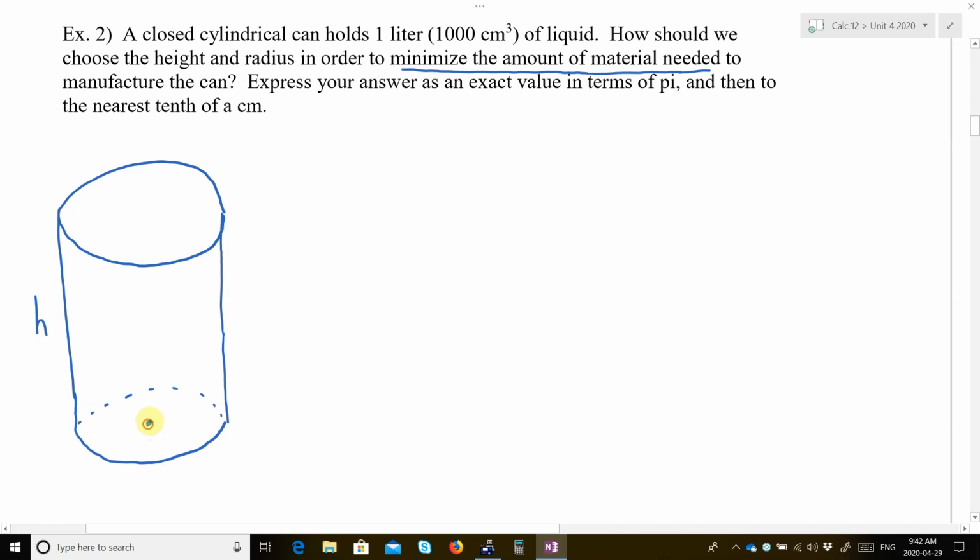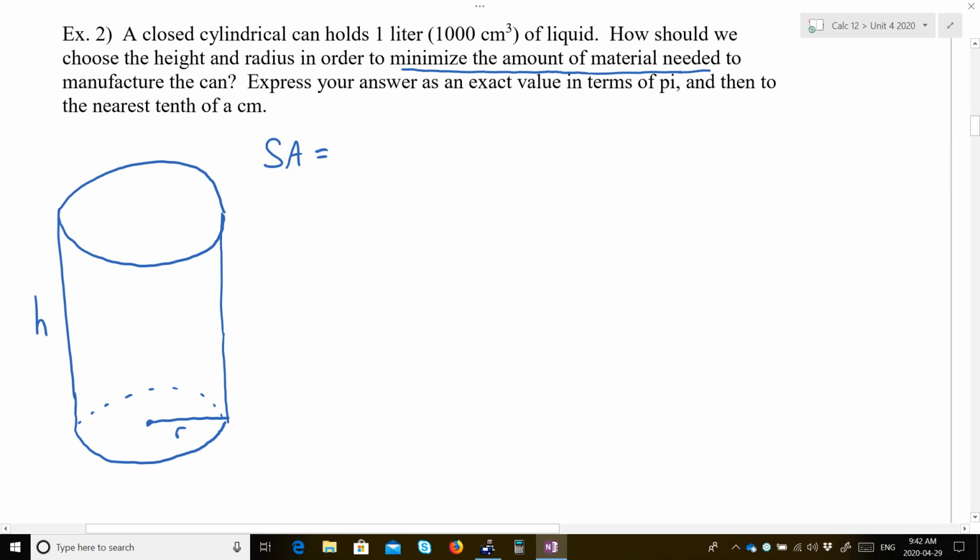So here's the height of the can. And there's the radius. Okay, and so how should we choose the height and radius in order to minimize the amount of material needed? So it seems like we want to minimize the surface area of this cylindrical can.